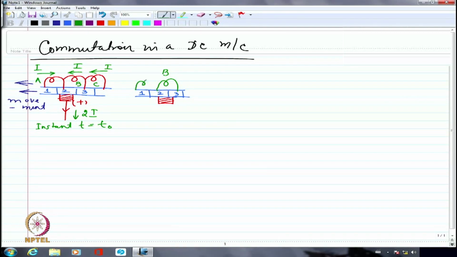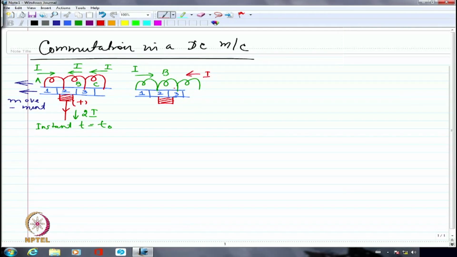Fine. Now maybe I have a current I here, and I'm probably having a larger area here and a smaller area here, depending upon how much the movement has taken place. So this is having a current of I. Maybe part of that current is going to flow through this, like this.